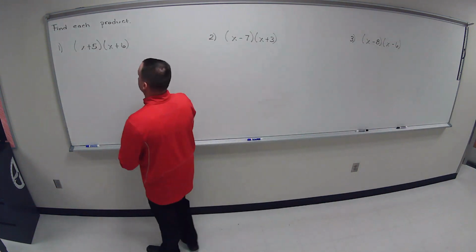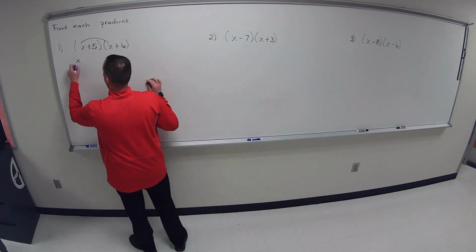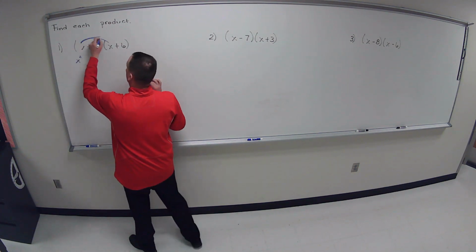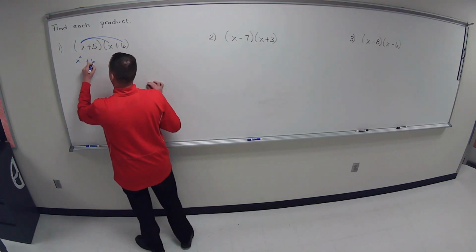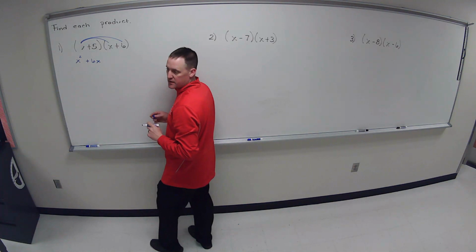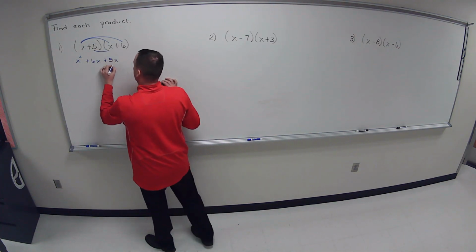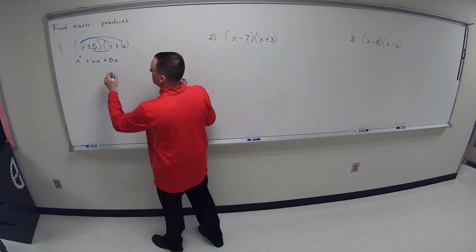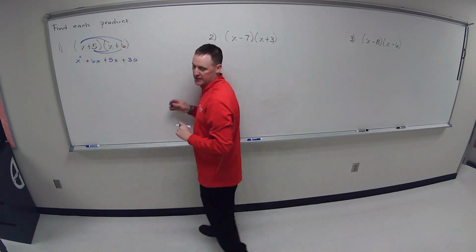When we multiply our first terms together, x times x is x squared. When we multiply our outside terms together, x times 6 is 6x. When we multiply our inside terms together, 5 times x is 5x. And when we multiply our last terms together, 5 times 6 is equal to 30.